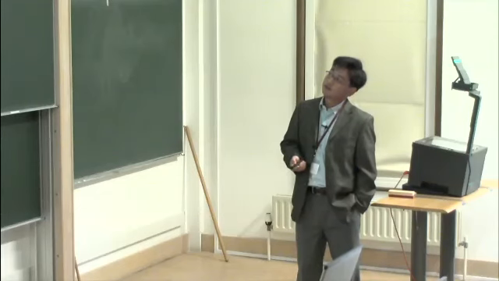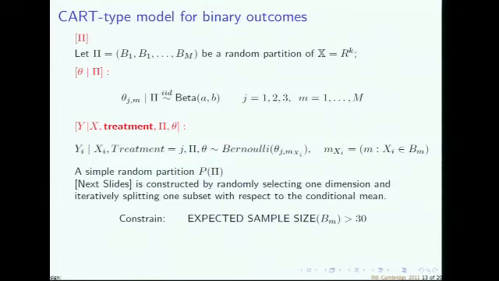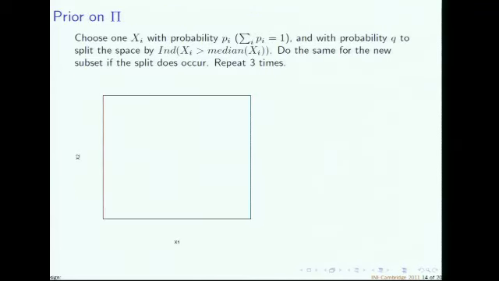So again, everything here is clear except how we are going to run this random partition. This is just a simple hypothetical example to illustrate the priors on the partition.